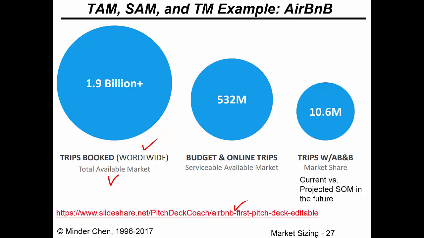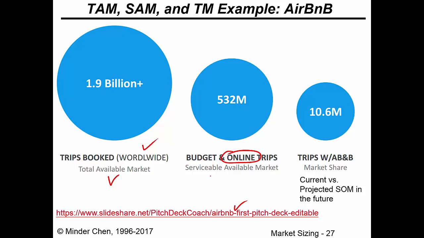And Airbnb initially is really targeted at the budget traveler, and also using the online channel. So the budget traveler is their customer profile, the customer they try to target. And online trip means online reservation of the trip, which is the marketing channel that they're going to use.